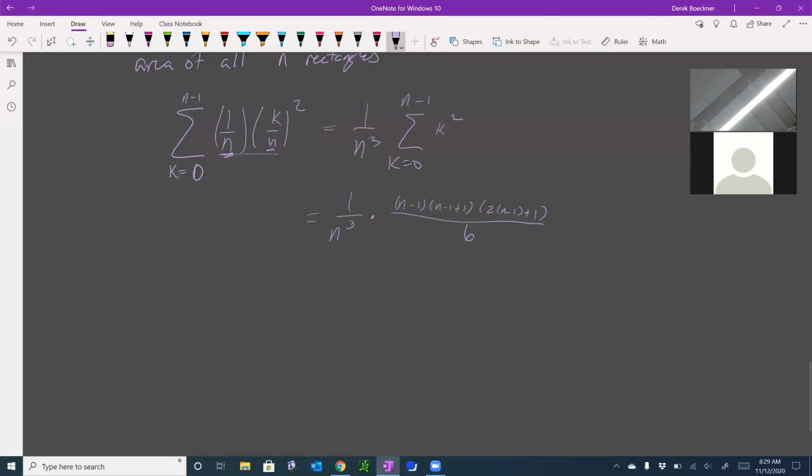Okay, so now I can simplify that a little bit. I get 1 over n cubed. I have n minus 1, n, and that's going to be 2n minus 1. And that's going to be over 6.